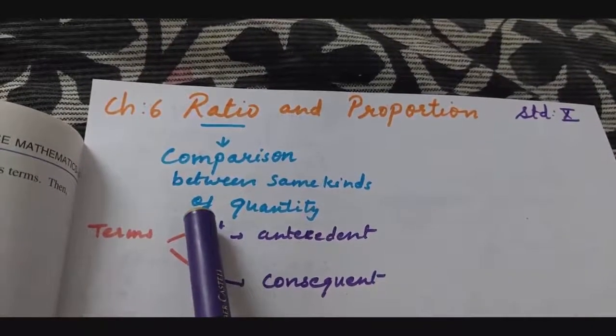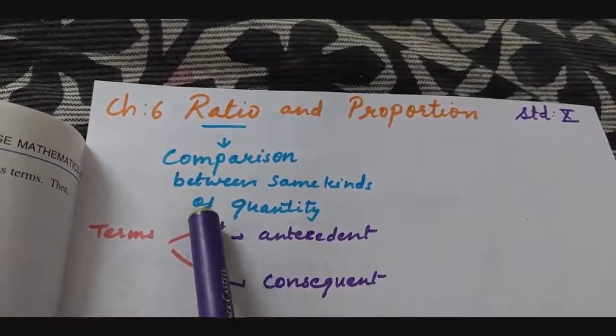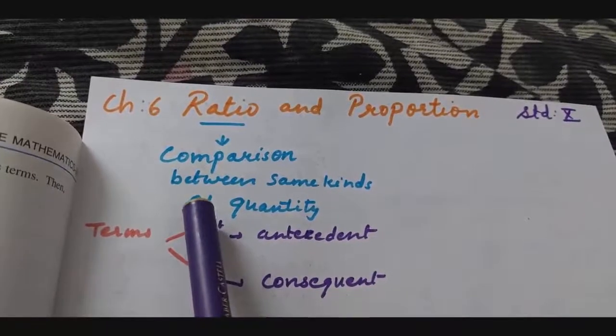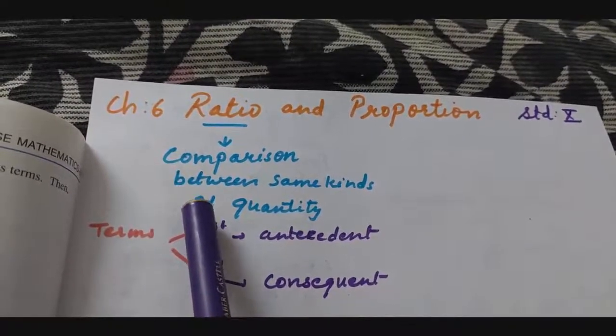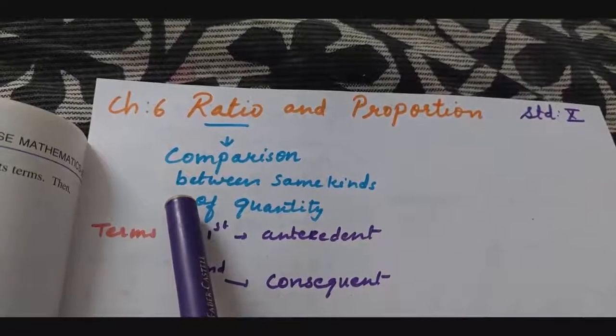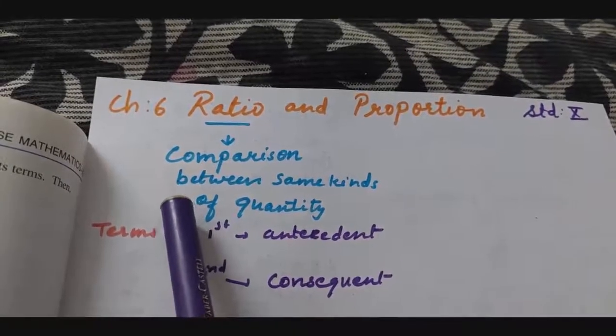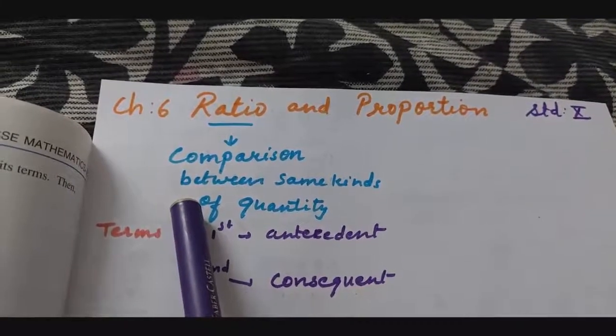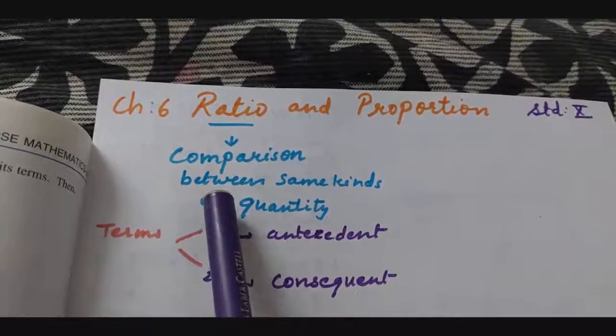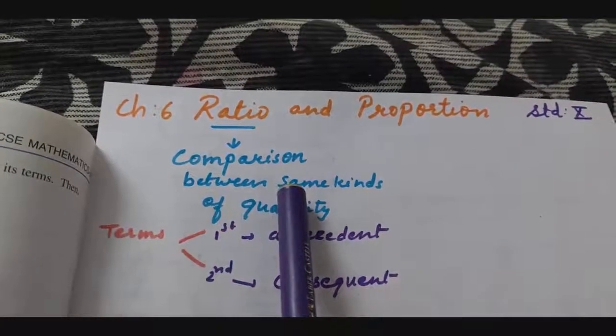If not, then you have to change the unit from gram to kilogram. Distance may be in kilometers or meters or any other quantity you can compare, but only between same kinds, remember.